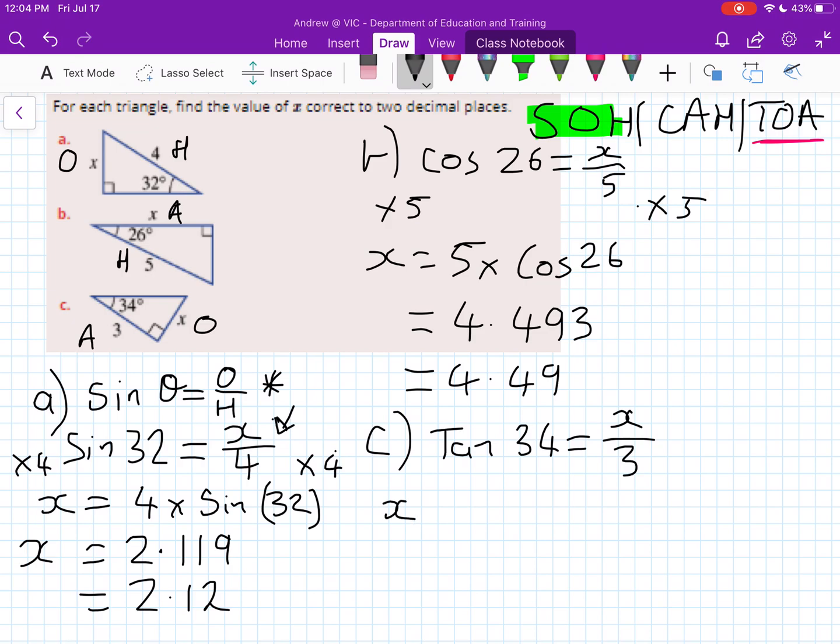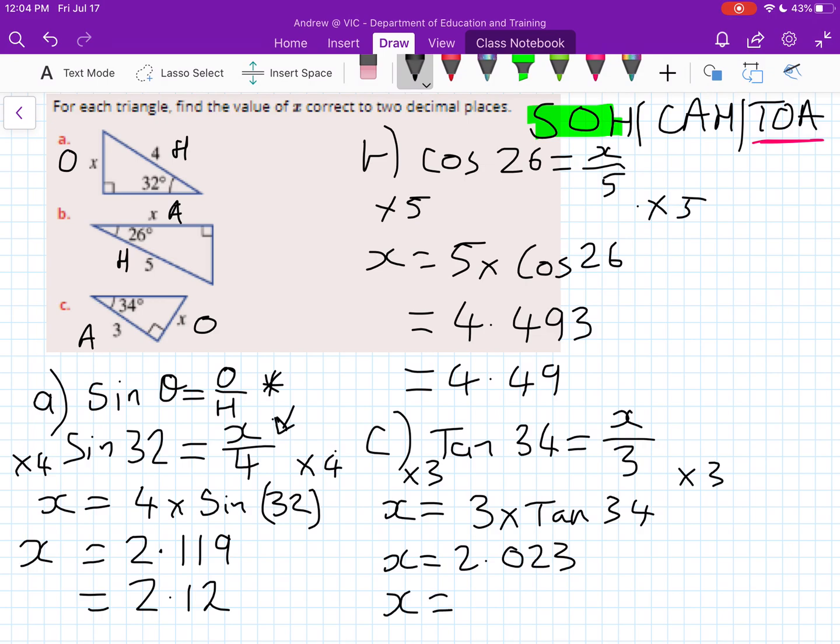So x is going to equal, times both sides by 3, x is equal to 3 times tan 34. So you'll work this out on your calculator, make sure you're using brackets around your angle, and you'll get x is equal to 2.023, which then rounds down to x is equal to 2.02.